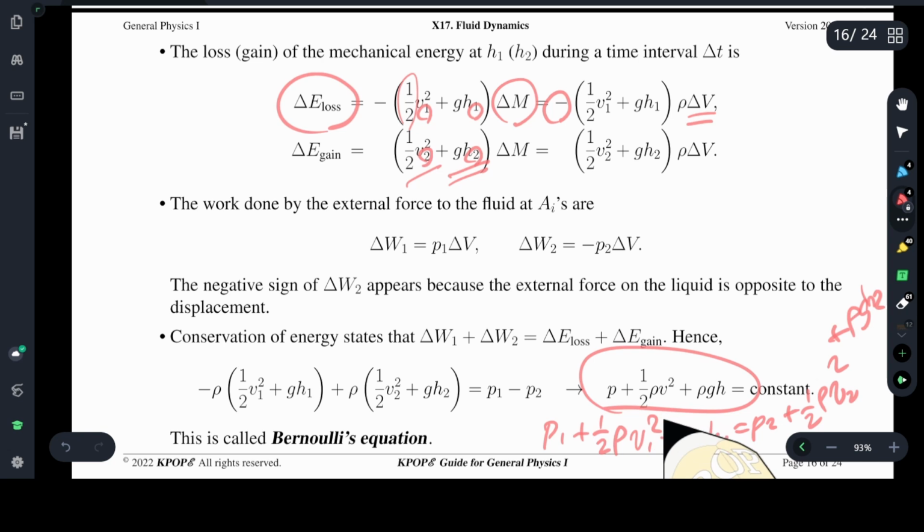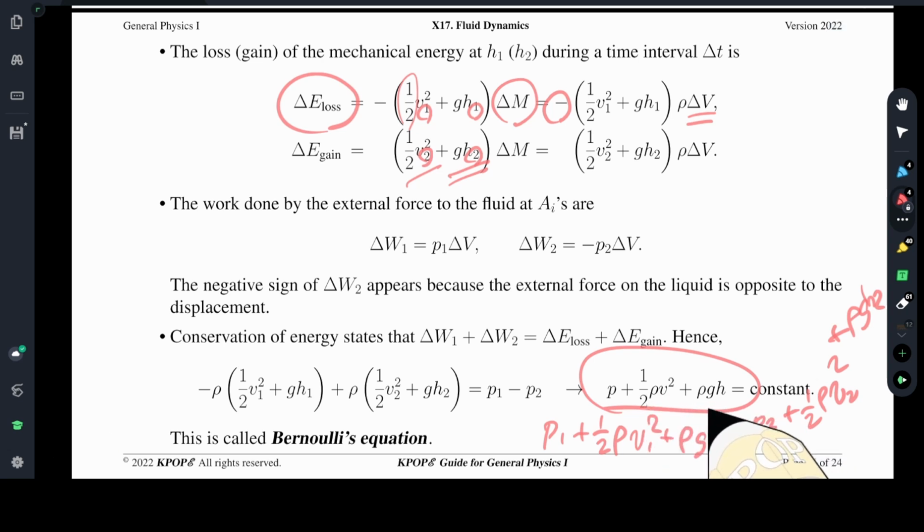So pressure plus 1/2 rho V squared plus rho g h is constant everywhere. I cannot attach the subscript for rho because it is an incompressible fluid. Rho is invariant everywhere at any time.